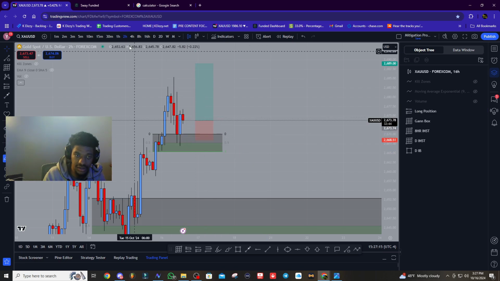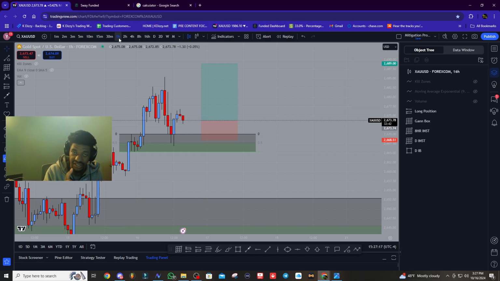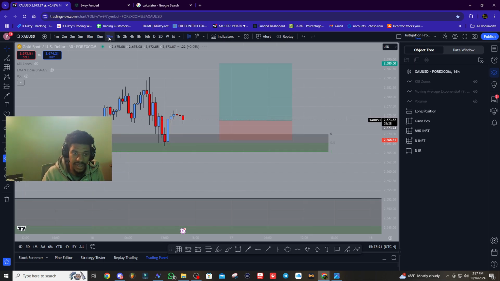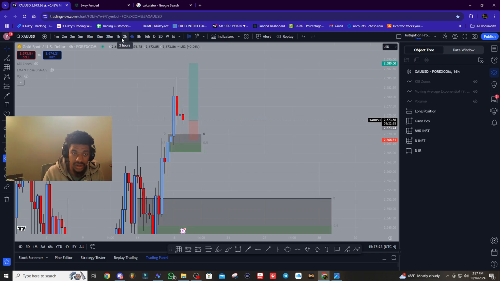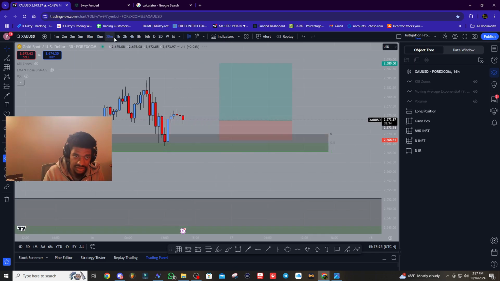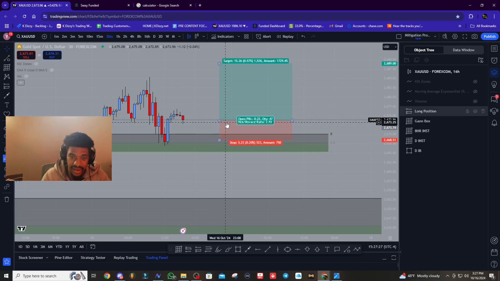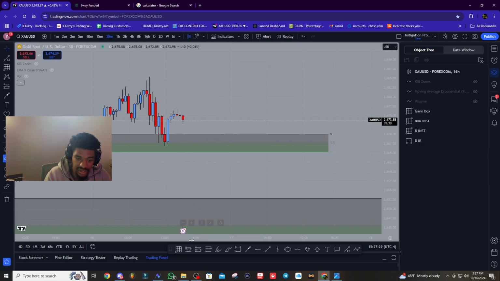Knowing that, let's actually take it to another level. I'm refining entries as we speak. So I'm going from 4 hour, 2 hour, 1 hour, just so I can see certain things. Let's see right here. There's another institutional candle, and yes, they can overlap. It's fine.